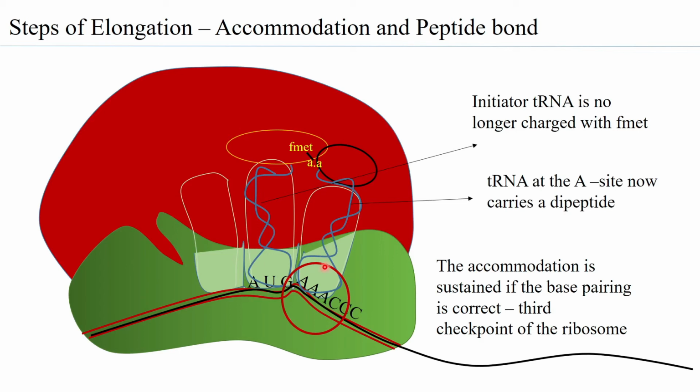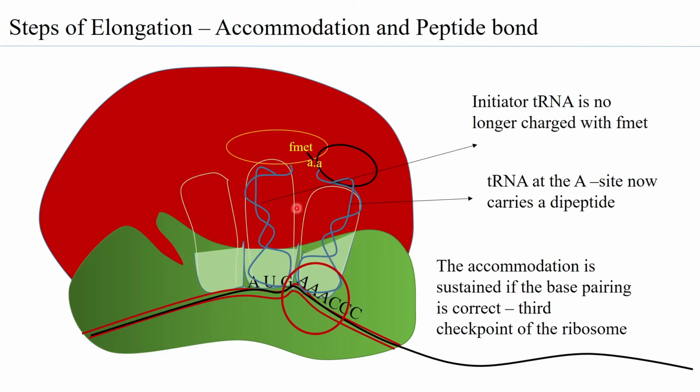So the tRNA at the A site is now not carrying one amino acid, but it is carrying a dipeptide. So basically, you will find that even if there is a growing peptide over here, that growing peptide will be shifted to the amino acid tRNA at the A site after the peptide bond formation.